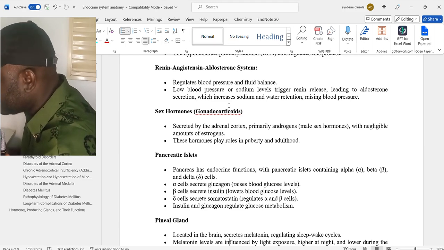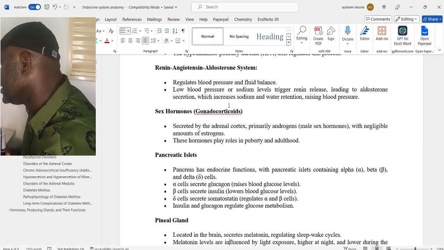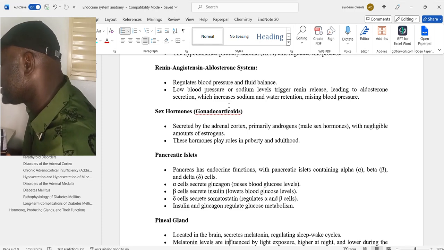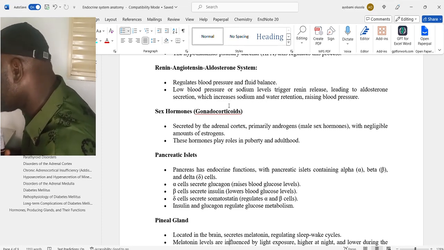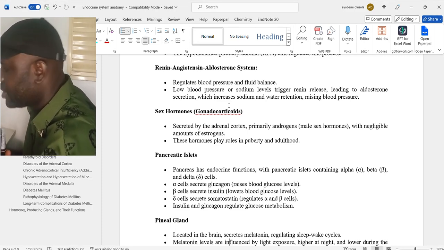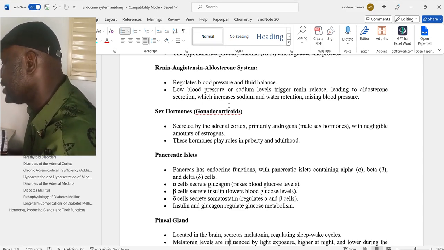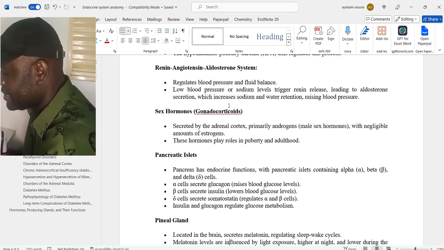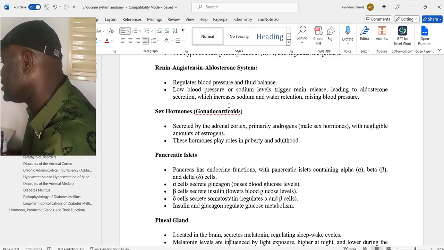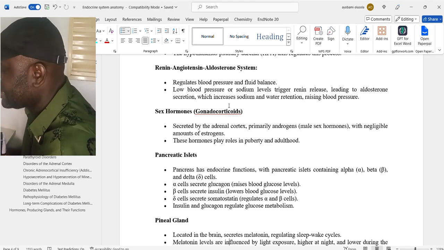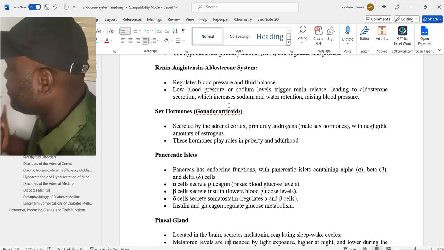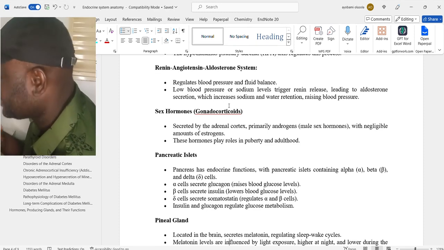Let's go to the pancreas. The pancreas has both endocrine function and exocrine function. The endocrine function is carried out by the pancreatic islets, and these pancreatic islets contain alpha, beta, and delta cells.